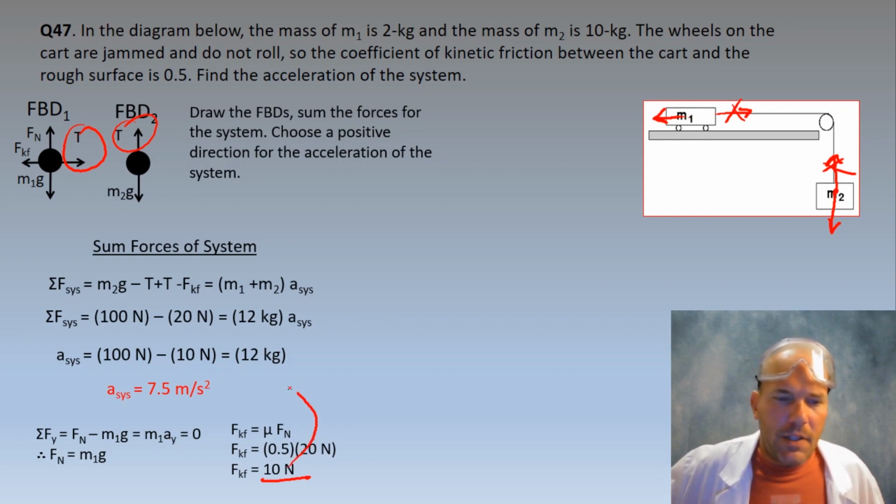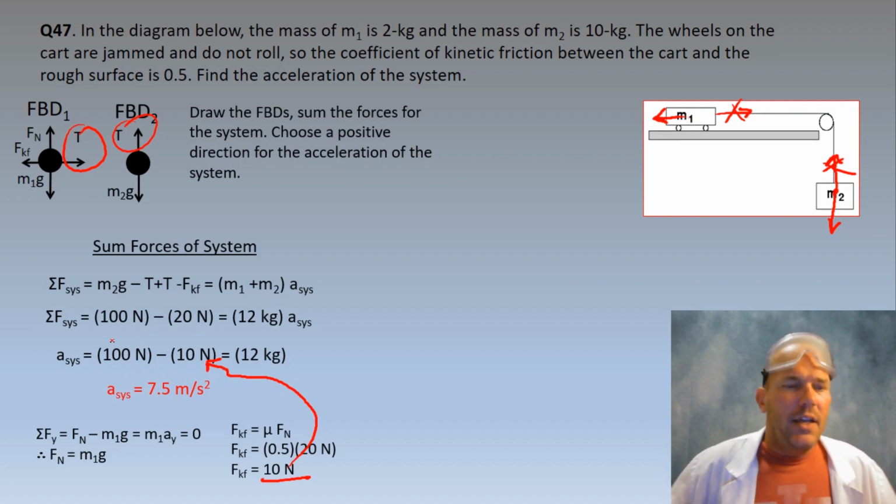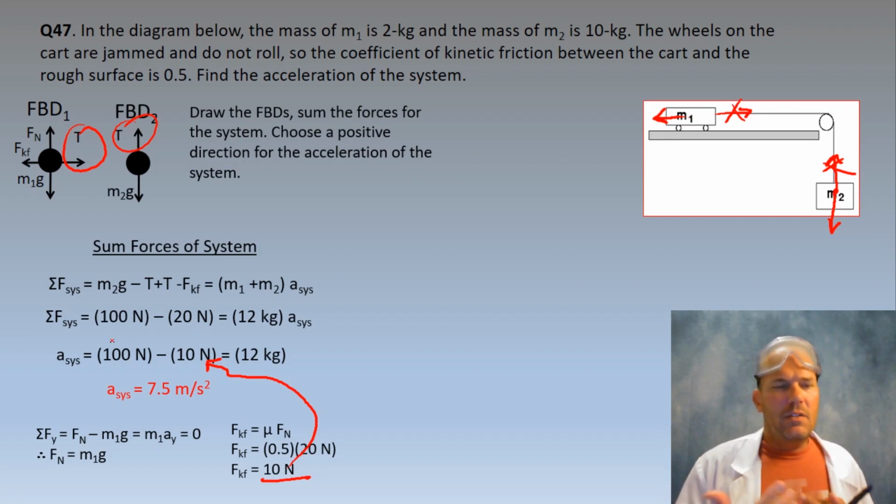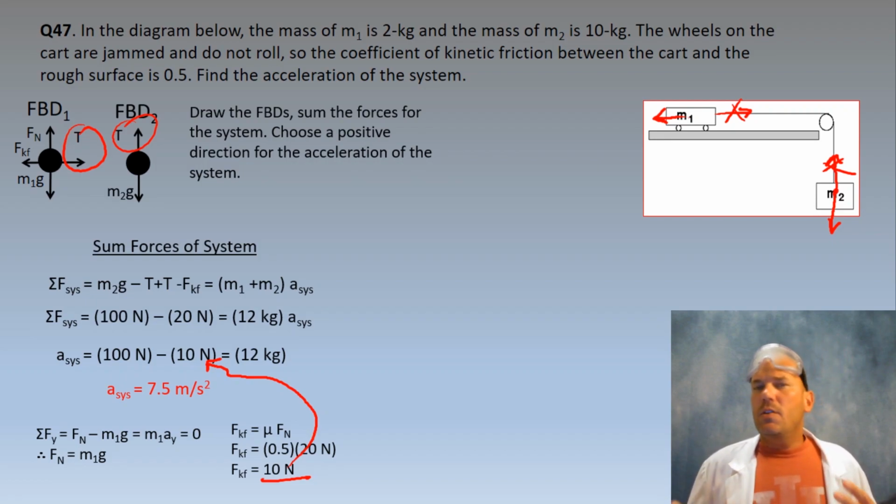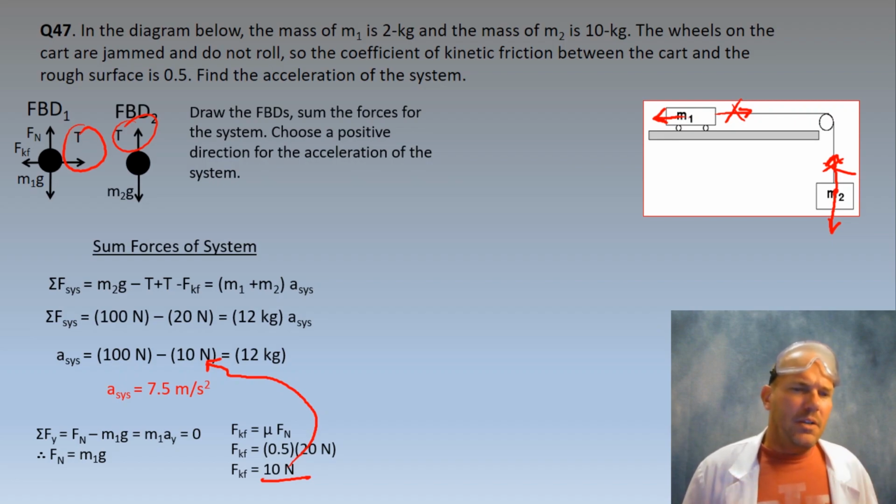We were then able to take that value and plug it into our summation and say that the 100 newtons minus that 10 newton force was equal to 12 kilograms times the acceleration. Okay, so if we rearrange and solve for the acceleration of the system here, we can find that the acceleration of the system is equal to 7.5 meters per second per second.